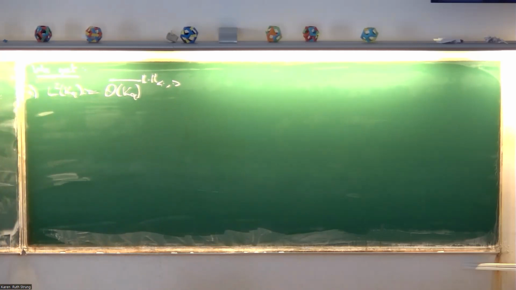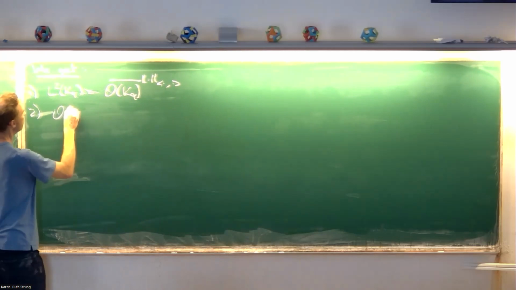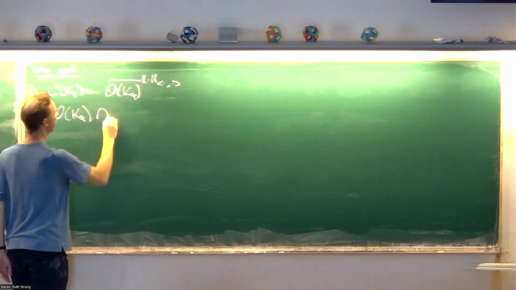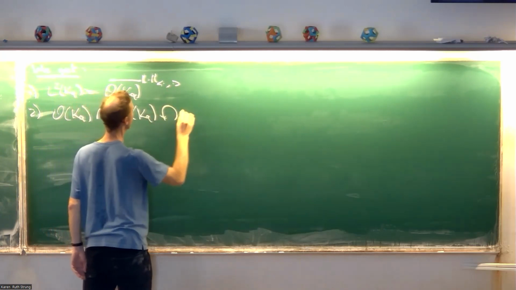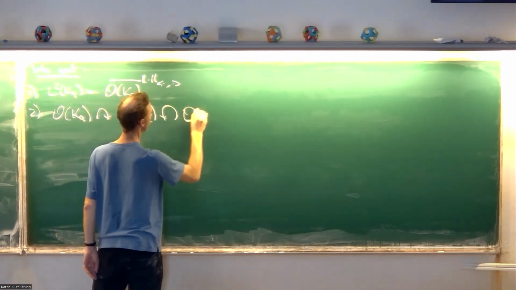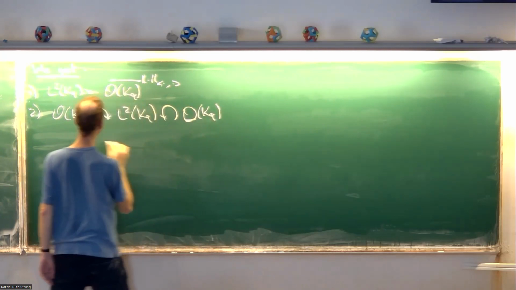So we can do the GNS construction. We now have a Hilbert space. And this Hilbert space comes with left and right multiplication actions.